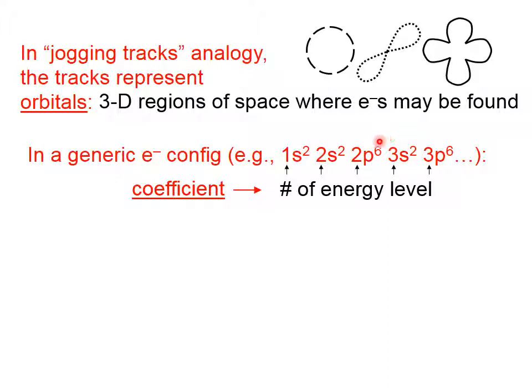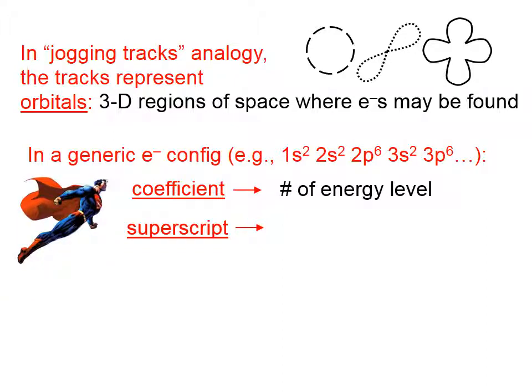And here, there are 8 electrons right now in the third energy level. The superscript, which is written up and to the right, indicates the number of electrons in those orbitals. Those are the superscripts right there.